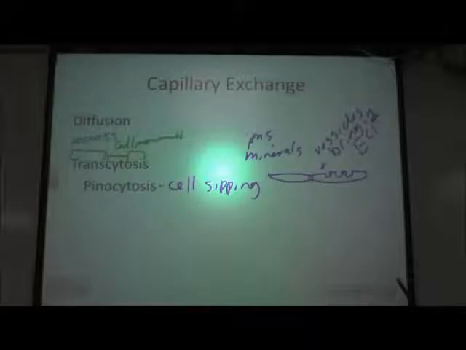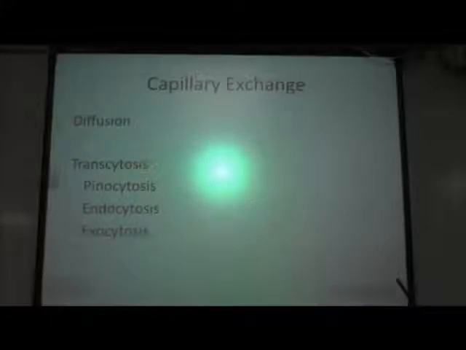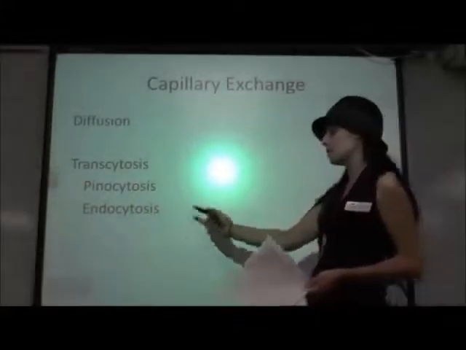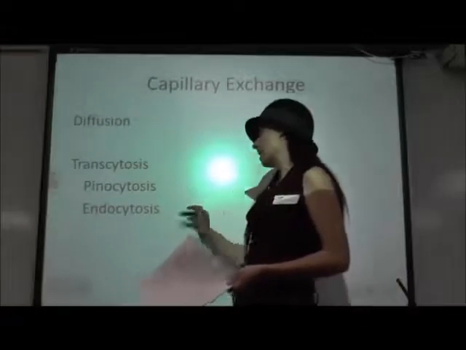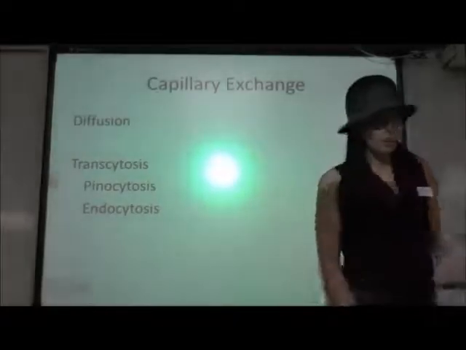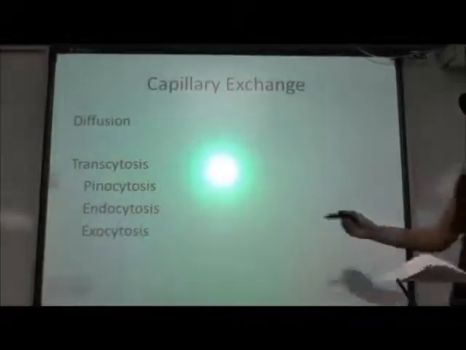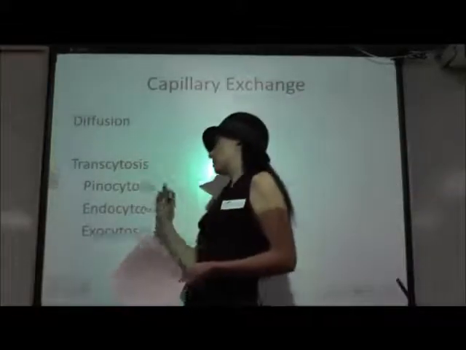As far as capillary exchange goes, I think I've got phagocytosis next, but that's not going to happen in our capillaries. So I'll cross it out. What is going to happen is we're going to have to be able to get this stuff we just sipped in to the other side. Oh, okay, so pinocytosis is a type of endocytosis where we're bringing in a vesicle, but pinocytosis is good enough.